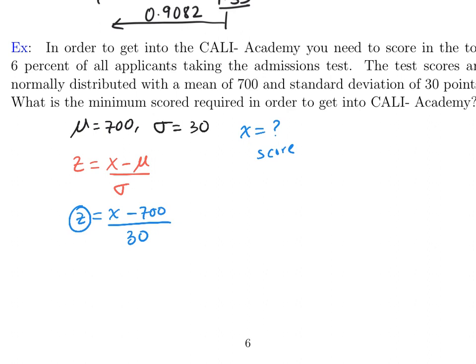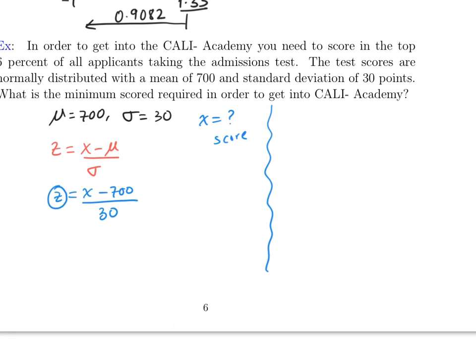So to find z, you had to do the inverse, or you had to go backwards. That's what you had to do on the side. So this is like doing two problems. The question tells you that you have to be in the top 6%.